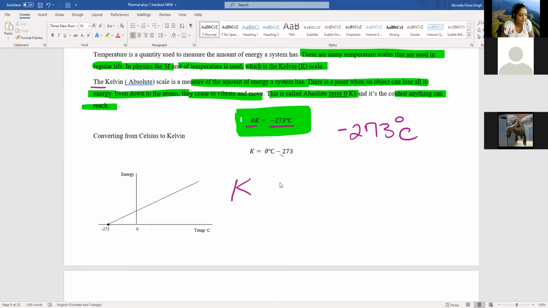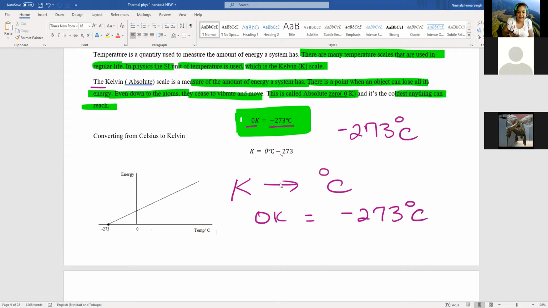To convert from Kelvin to degrees Celsius, we have to know that 0 Kelvin is equal to minus 273 degrees Celsius. So if you use the formula here, 0 Kelvin is equal to minus 273 degrees Celsius. You're not going to add and subtract a value here.